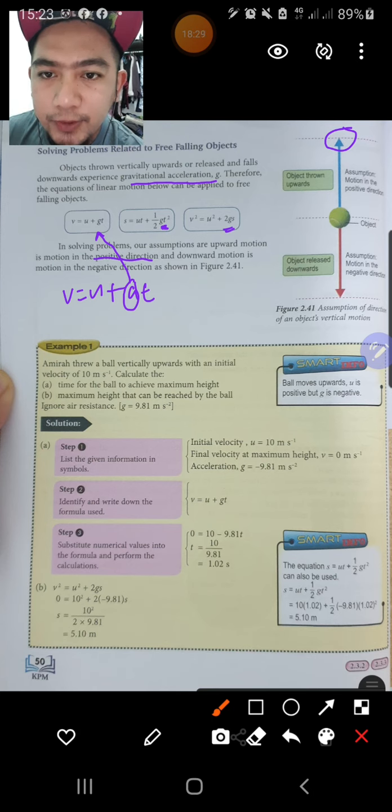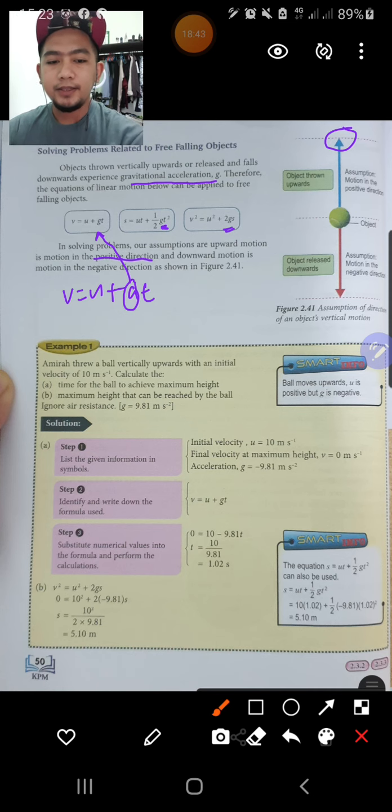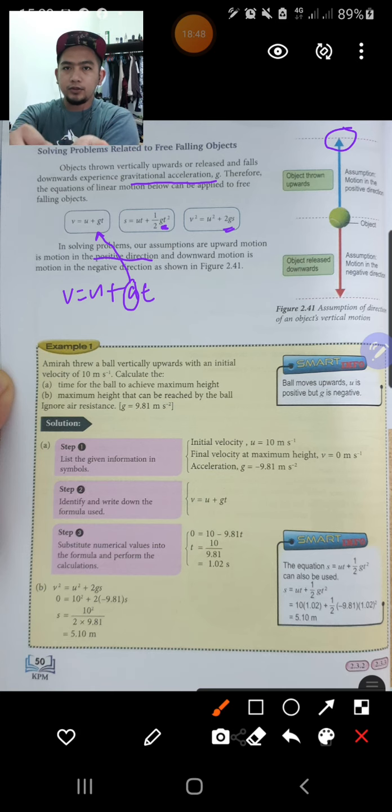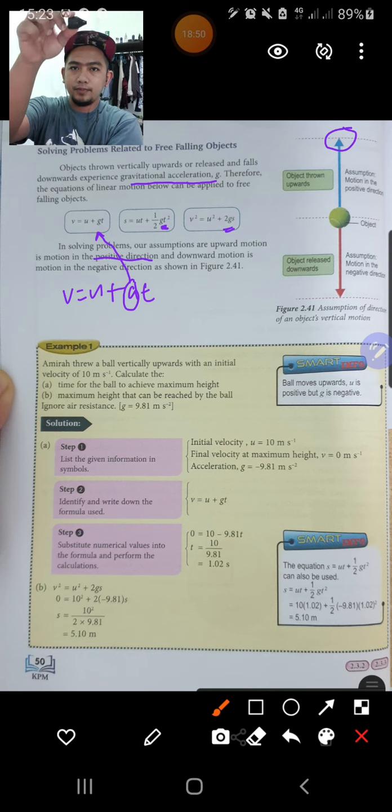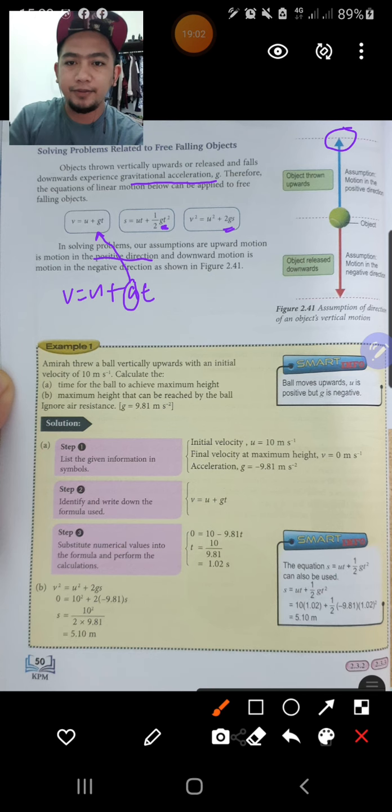Example 1. Amira threw a ball vertically upwards with an initial velocity of 10 meter per second. Calculate the time for the ball to achieve maximum height. Means she throws a ball, this is her hand, so you throw, so the ball will surely fall down again. Every object that we throw upwards will surely fall down. Okay, this is the situation.